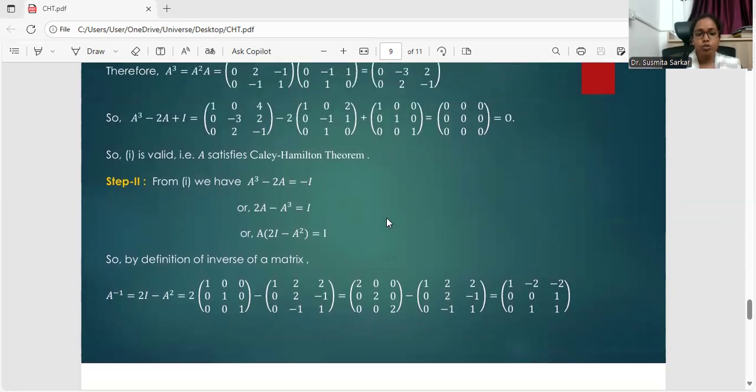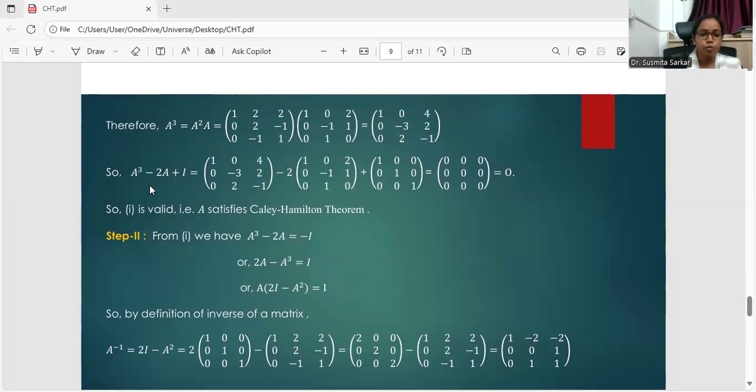Next, we have to find A inverse. We know that the definition of A inverse is adjoint A by determinant A. But using the Cayley-Hamilton theorem, we can also find A inverse. To find A inverse, we use this equation, A³ − 2A + I equal to 0.